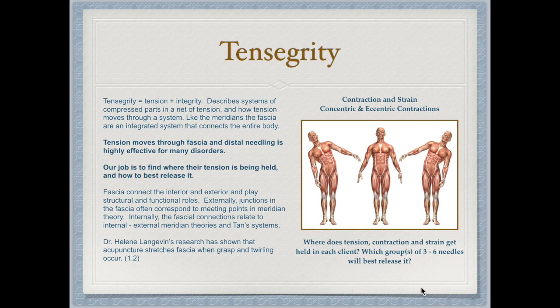The last point here reads: where does tension, contraction, and strain get held in each client? We want to be asking ourselves about this. Even with some of the biomedicine people out there, and anyone doing trigger point therapy, we often think in terms of muscle contractions, and a trigger point is an area where there's a miniature muscle contraction going on.